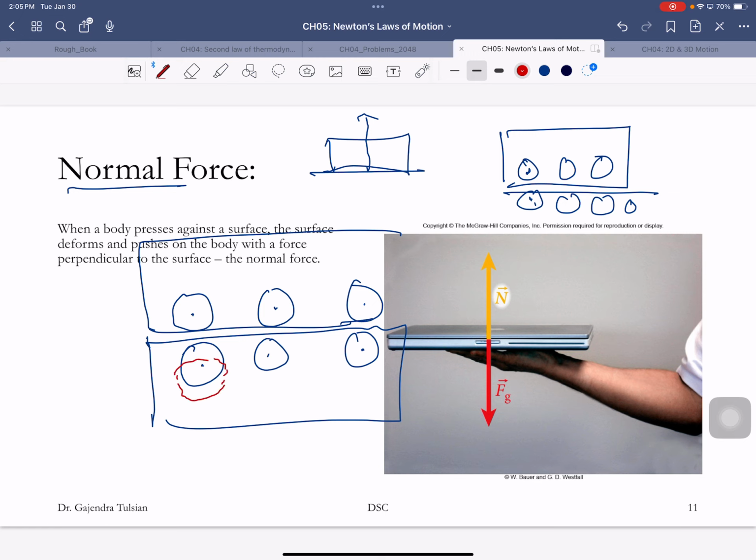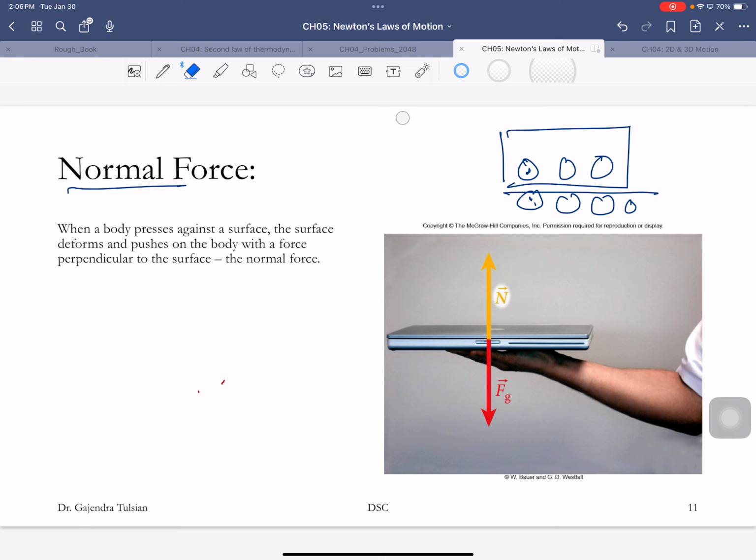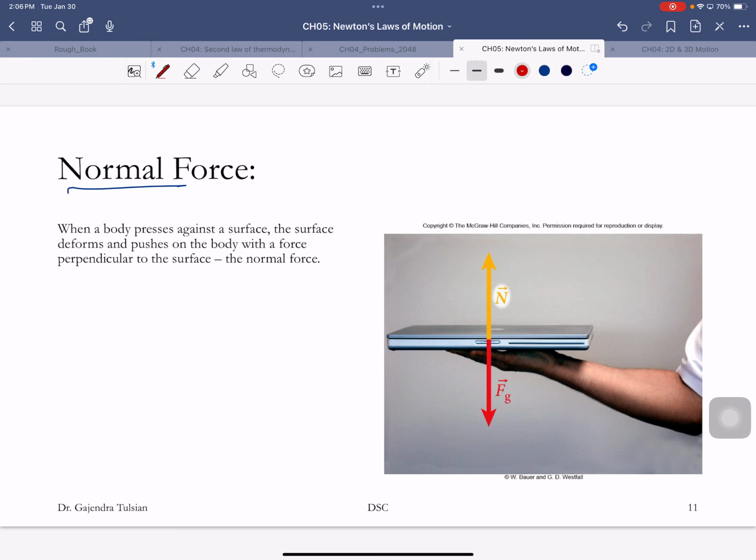So now the center of negative charge is there, and the center of positive charge is there. Did you guys understand that? And now the positive charges see each other and they're repelling each other. So that's how the normal force comes about. That's how come you don't go into the Earth, even though the Earth is pulling you with a force of 160 pounds or whatever. Anyway, we will be dealing with this normal force. Again, it's called a normal force because it's perpendicular to the surface.